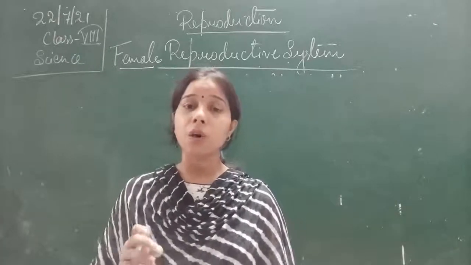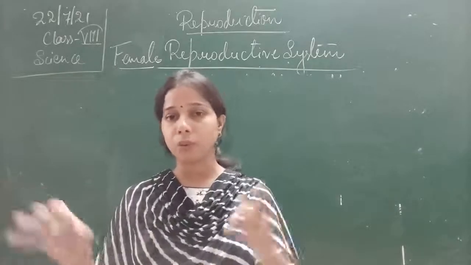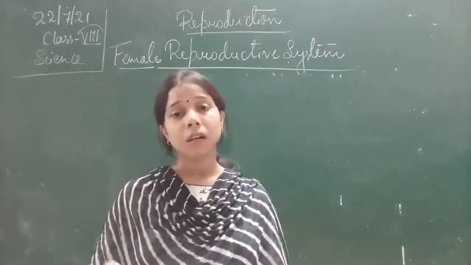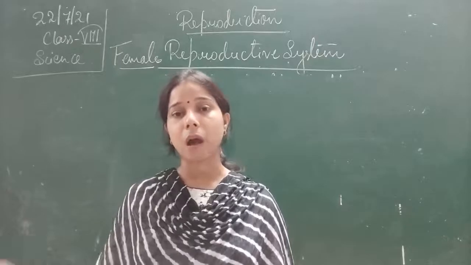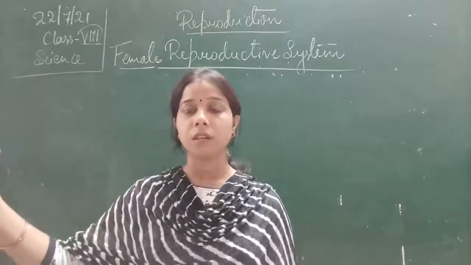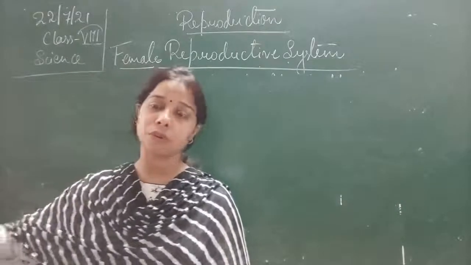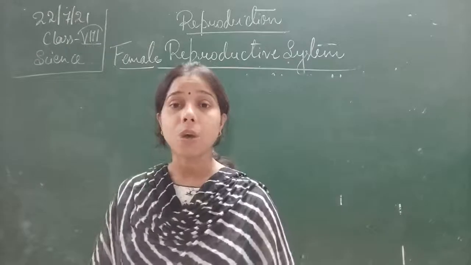Okay. So basically this process occurs when the ova is released. The exact parts included in the female reproductive system are the vagina, uterus, then the fallopian tube, which is also called the oviduct, and finally the ovaries, the two glands which release the ova or egg.